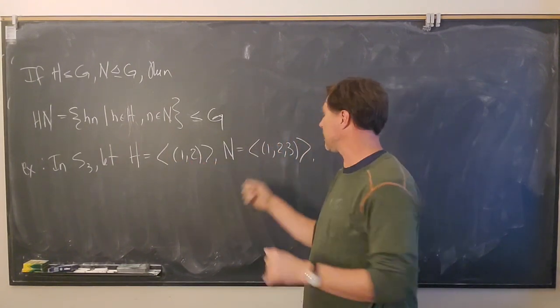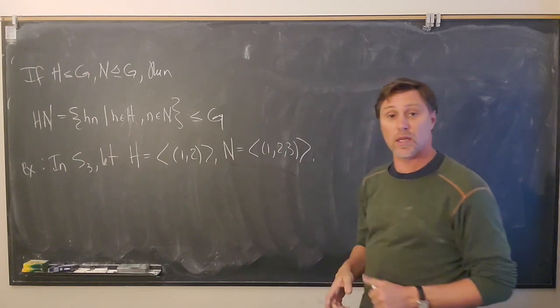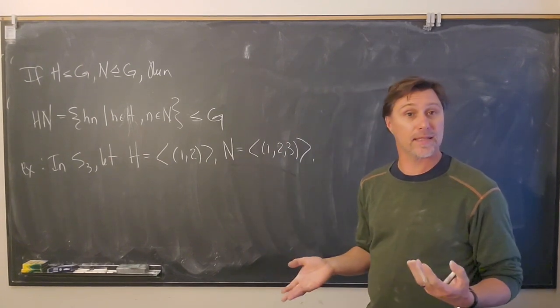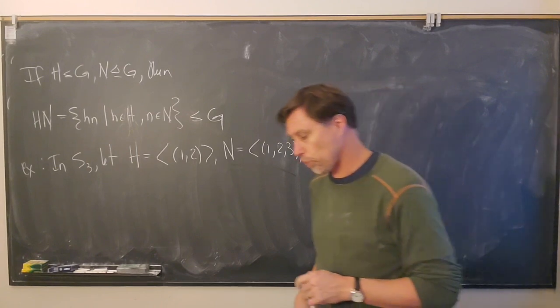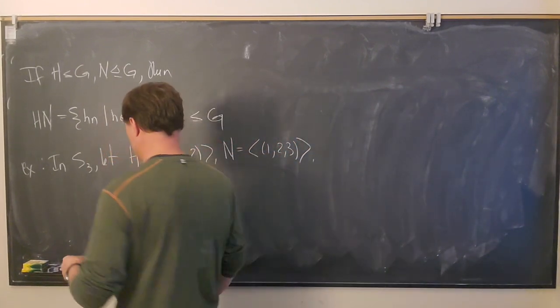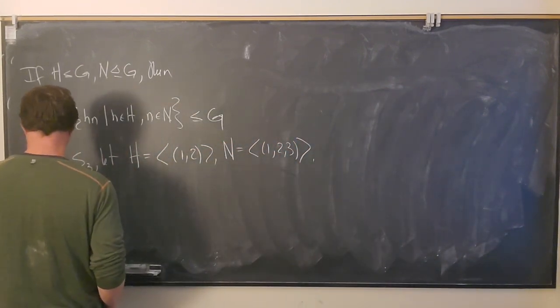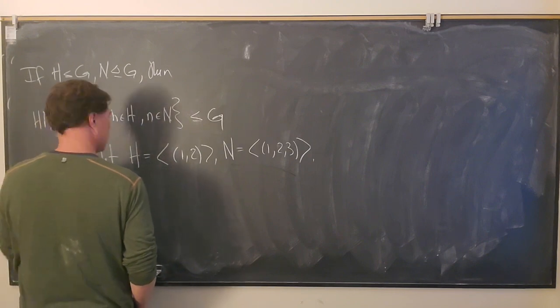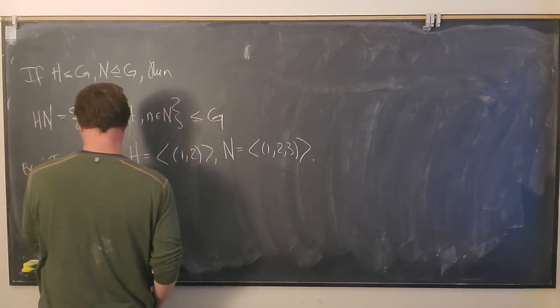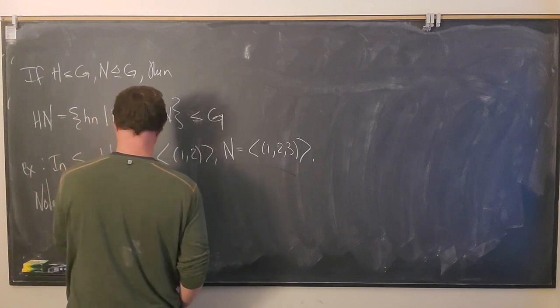S3 has 6 elements. This subgroup right here has 3. So N is a normal subgroup because it has index 2. And so let's say note that N is a normal subgroup of S3.